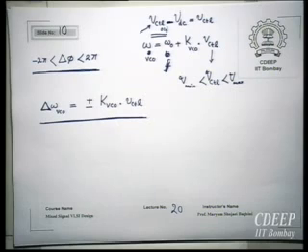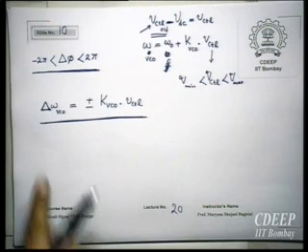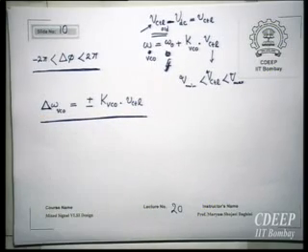Okay. So therefore, if I have a loop and it is locked, I want to keep it locked, then this constraint should be satisfied. Means that the frequency change should always be within this window. Within this window. Okay?